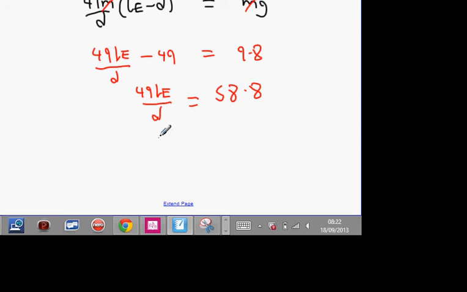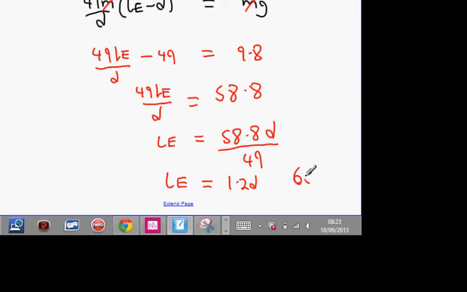Now LE therefore has to be 58.8d, all divided by 49. What's 58.8 divided by 49? 1.2. So it's 1.2d, also known as 6d over 5.